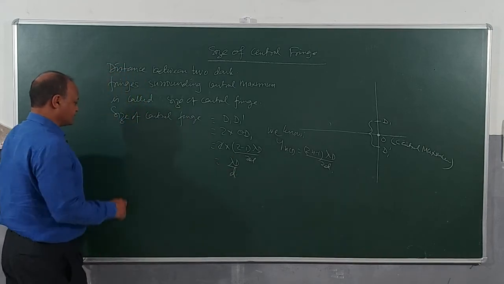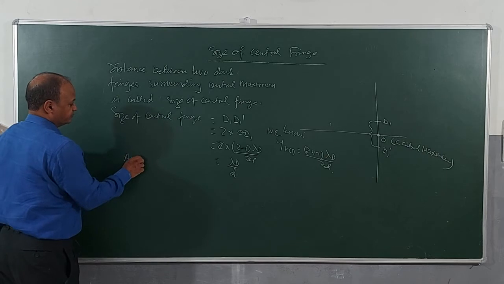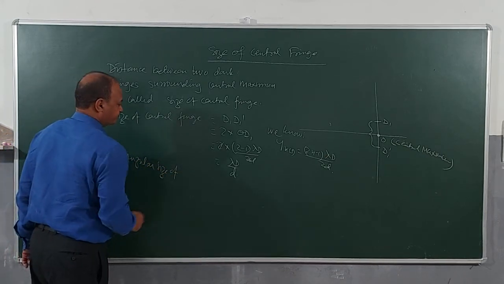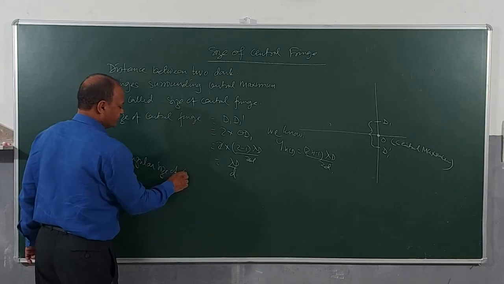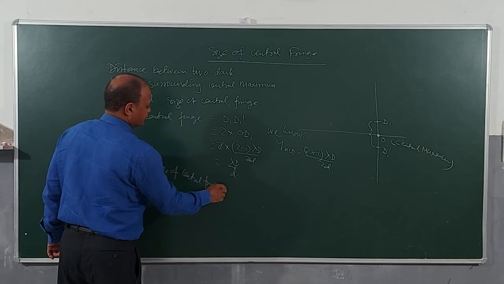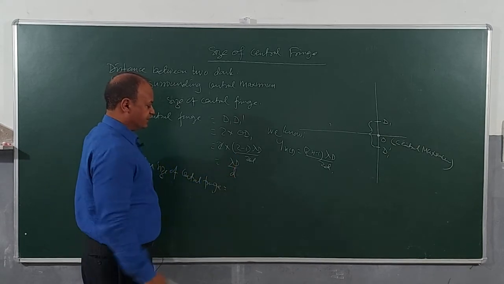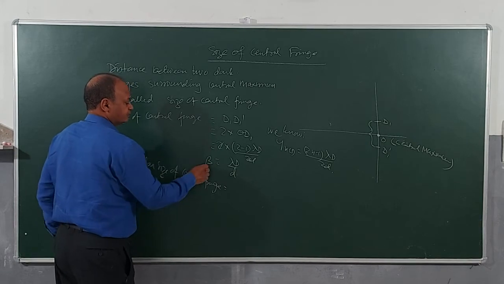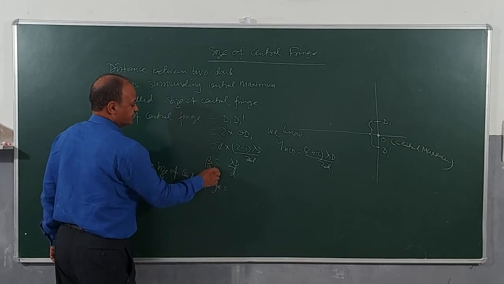And if you see the angular size of the central fringe, it will be beta central divided by D, right?